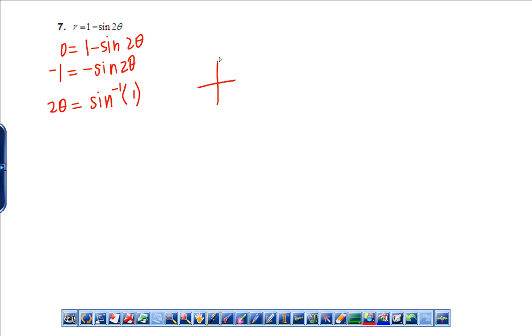And sine is 1 up here because this is 0, 1. So 2 theta is equal to pi over 2 plus 2 pi n. So I can go pi over 2, or I can go negative 3 pi over 2. So 2 theta equals negative 3 pi over 2, which is the same thing, I realize, plus 2 pi n.